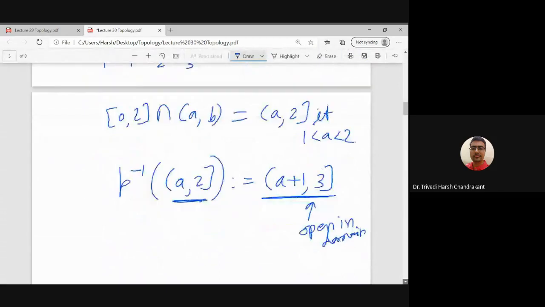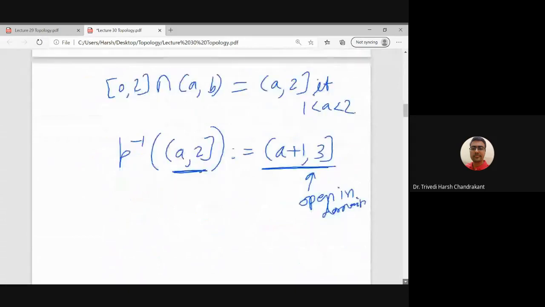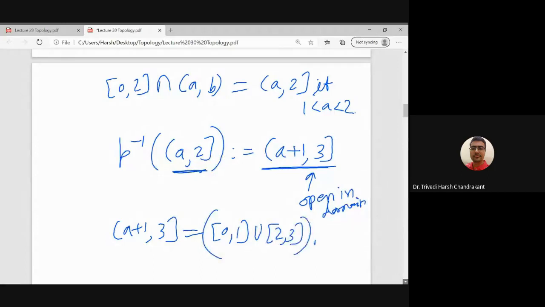Because this is nothing but the intersection of (A+1,3] with [0,1] union [2,3]. So this is the domain intersection (A+1,4), let us say. Right.